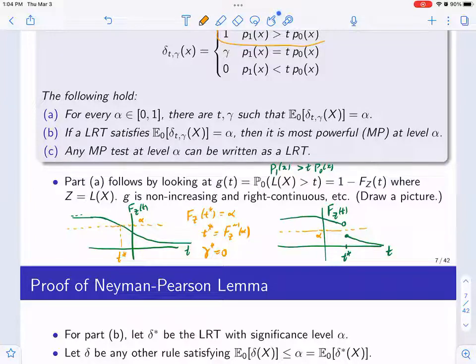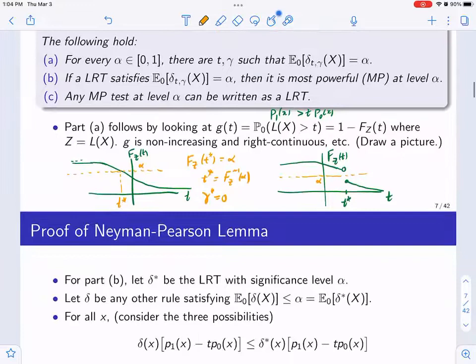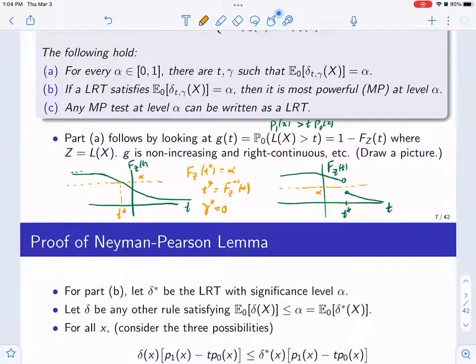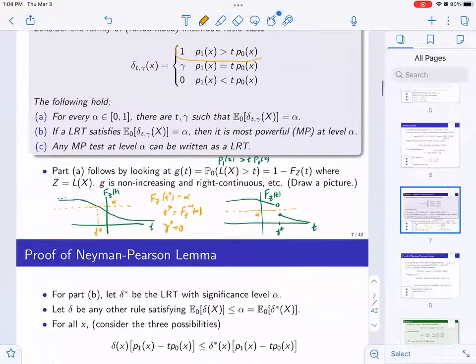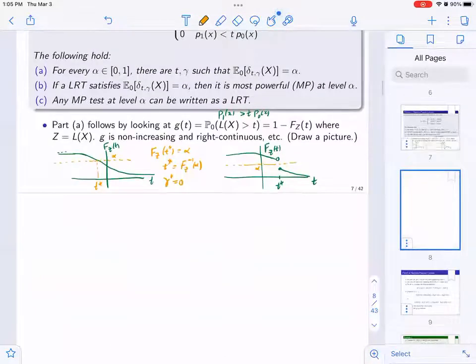And then how do we set the gamma? You have to think a little bit about what this is saying. The expectation under the null of delta t and gamma of x, I want this to be alpha.